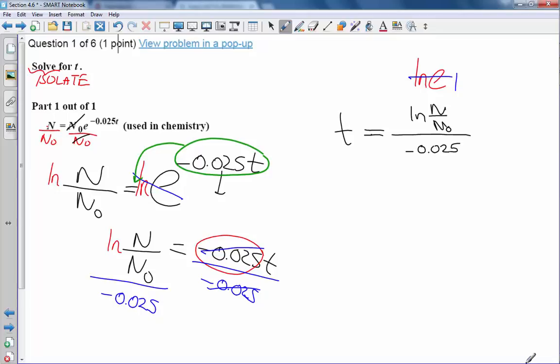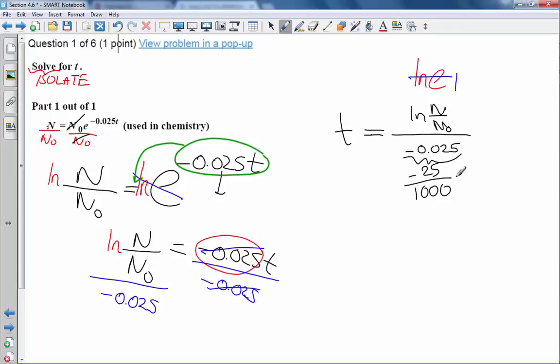Okay, this should be sufficient, but usually I don't like seeing a decimal in the denominator. This is actually a fraction, as I said. It's minus 25 over, how many digits do you have after that? 1, 2, 3. So I put 1, 2, 3 zeros after it. This is actually a fraction, and you know, in math, we don't like fractions in the denominator.